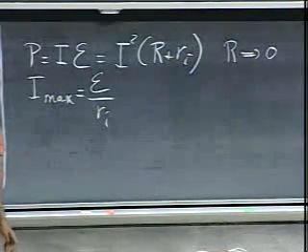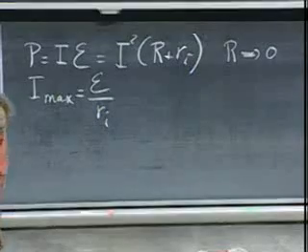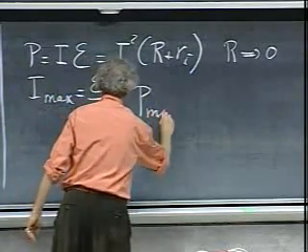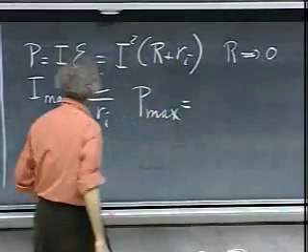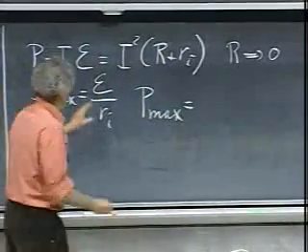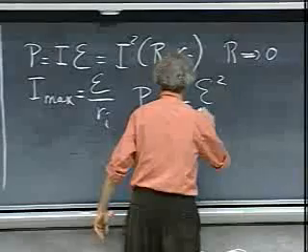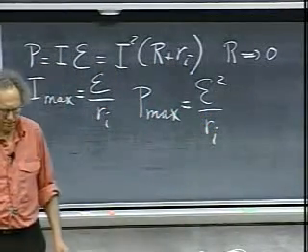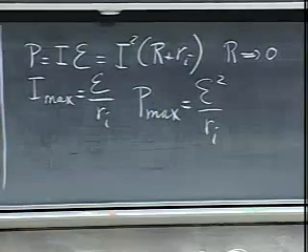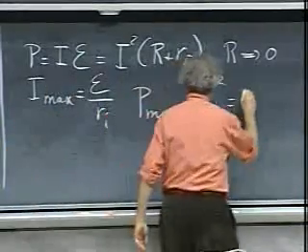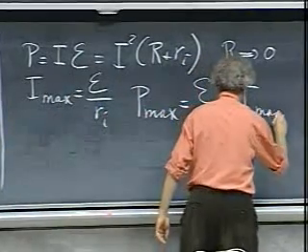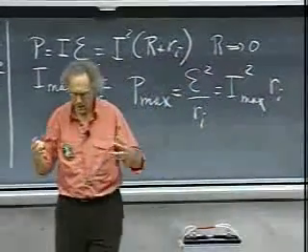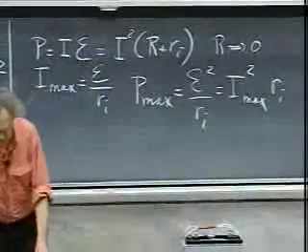And so you get a power, which is the maximum power, which is now E squared divided by R of I. That is the maximum current squared times R of I, and all of that comes out inside the battery. Nothing comes out outside it.